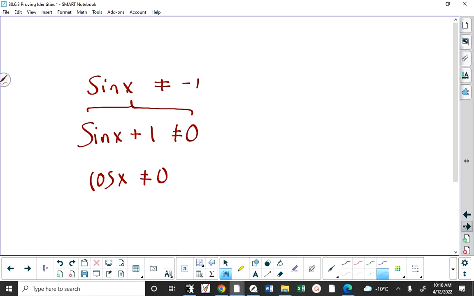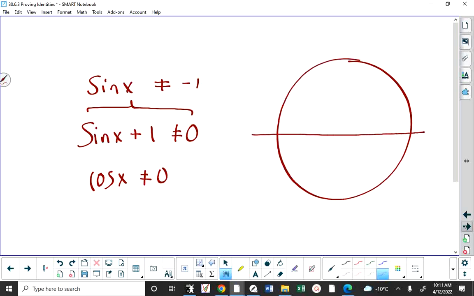So where is sine of x negative 1? Sine of x is negative 1 on my lopsided unit circle here. Where is cosine of x equal to 0? Here and here. So how do we describe all of these?